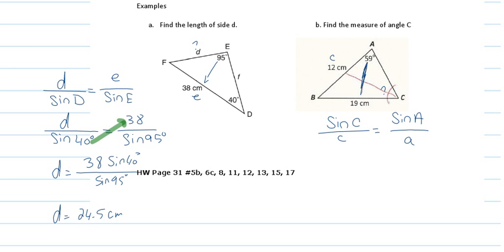Okay. Now, I'm using this formula instead of the previous formula, the one with the side on top, because I'm looking for an angle. So it's easier for me to solve. Okay? There's that option. So let's plug in the information. I don't know what angle C is, so I'm going to leave it as sine C over side C, which is 12, equal to sine 59 over 19.